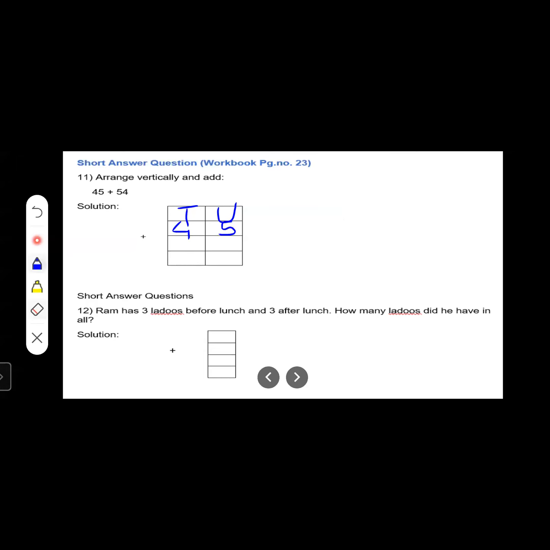Okay. Then now what do we have to do? We have to arrange the second number also. This much is clear to you all. Now tell me, 5 is in which place? Tens place. And 4 is in the units place.